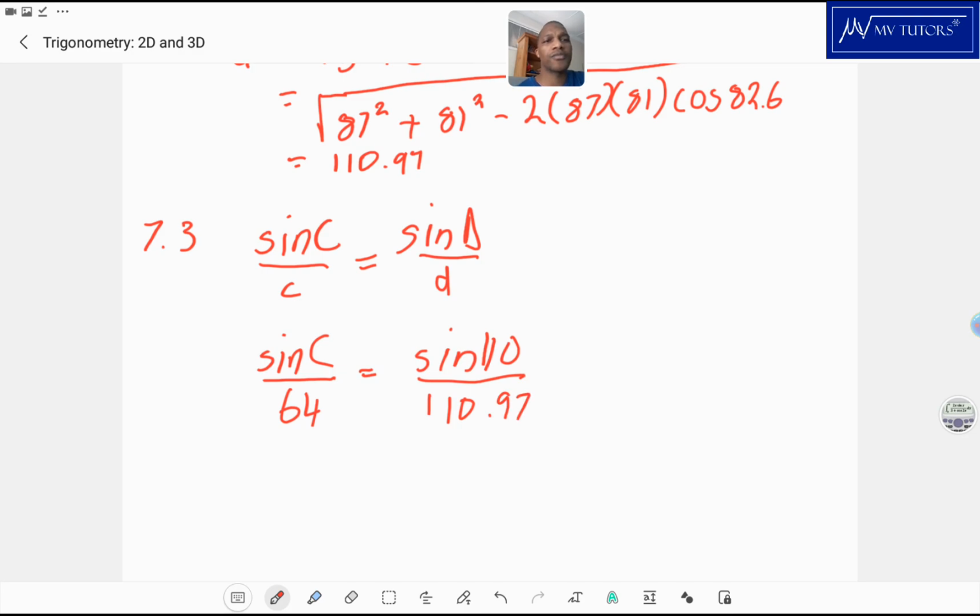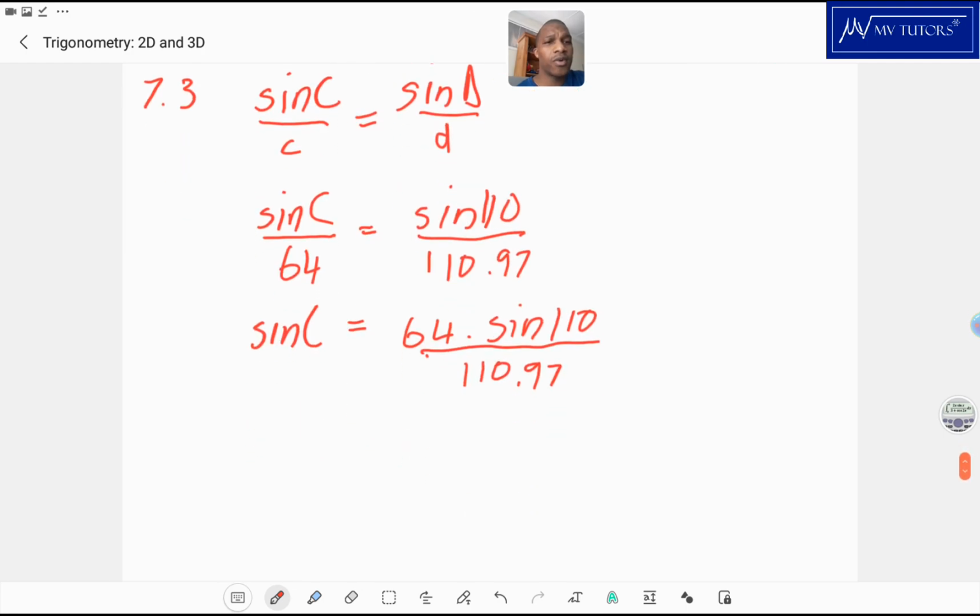So sine C equals 64 times sine 110, all divided by 110.97.